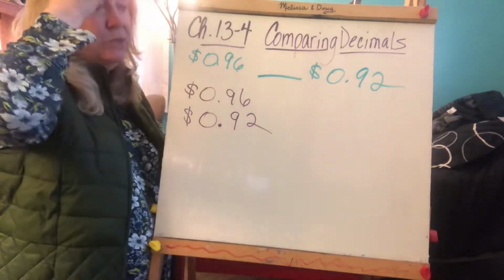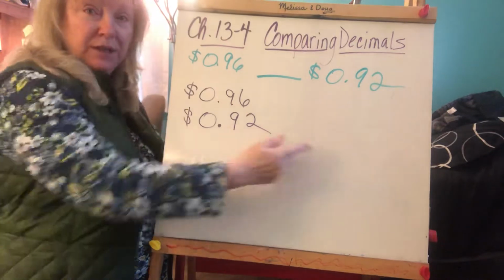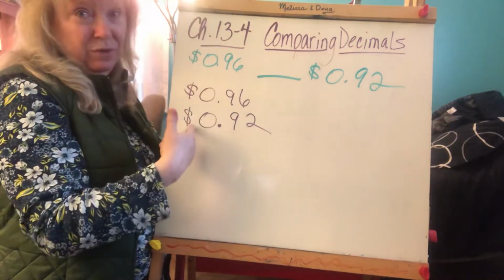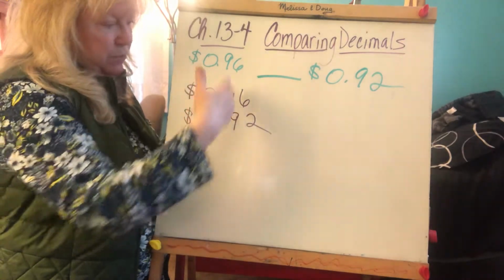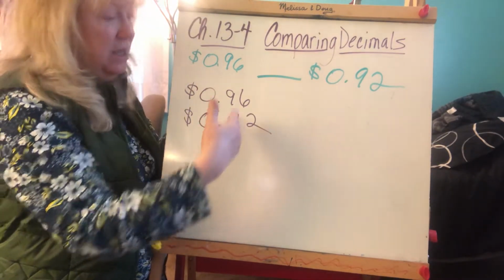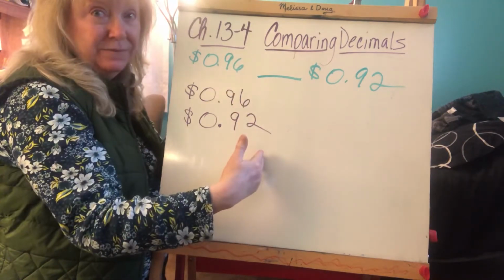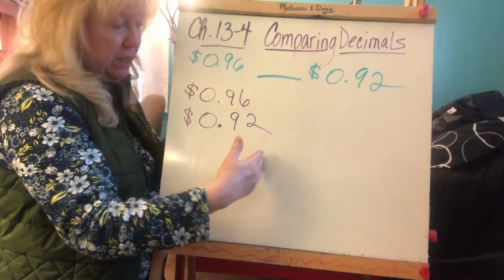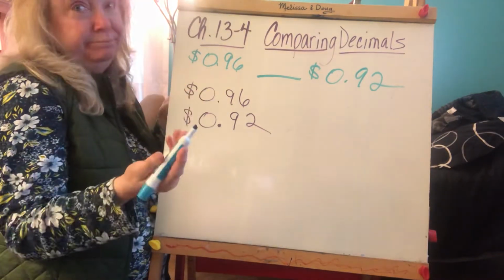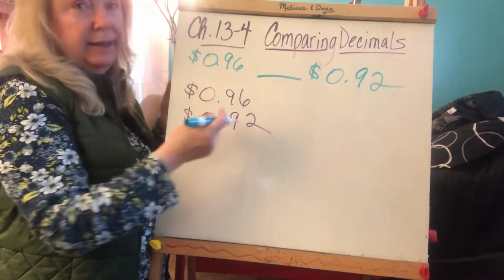So now step 1 was putting them in alignment, all my $ signs, all my 1s, which are 0, all my decimal points, all my tenths, or in this case, my 10 cents, and all my pennies, or my hundredths. And we start comparing 0 and 0, 9 and 9.